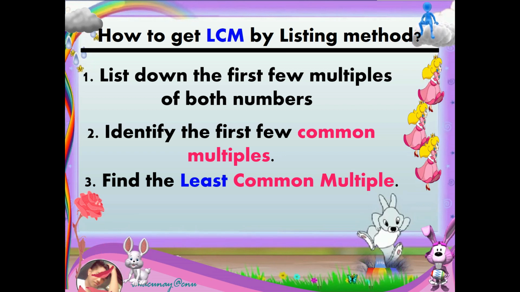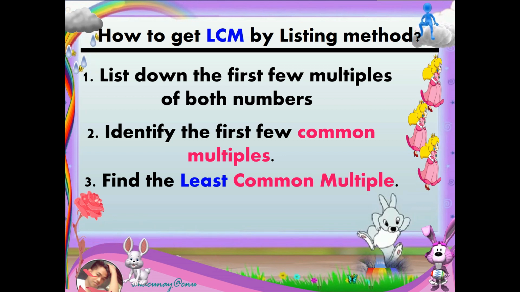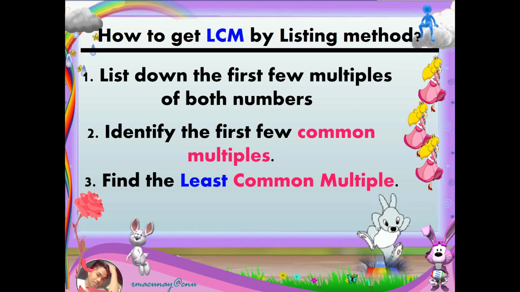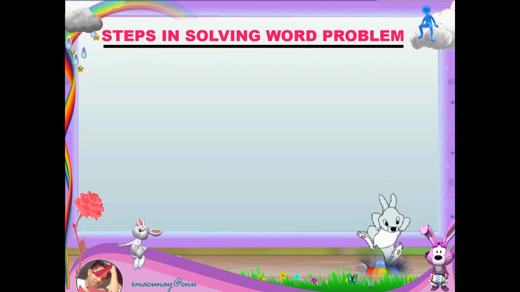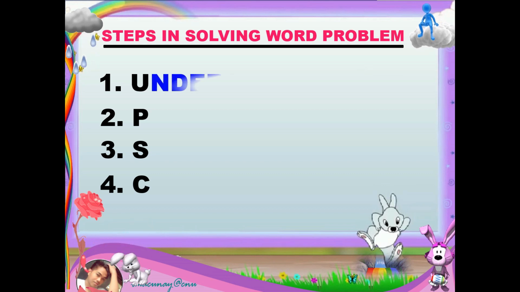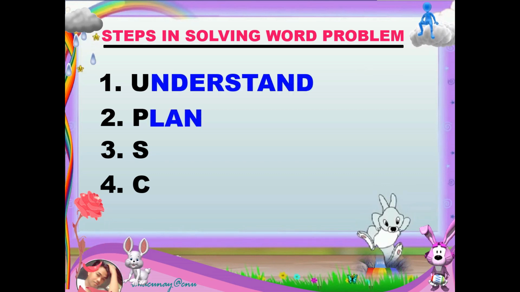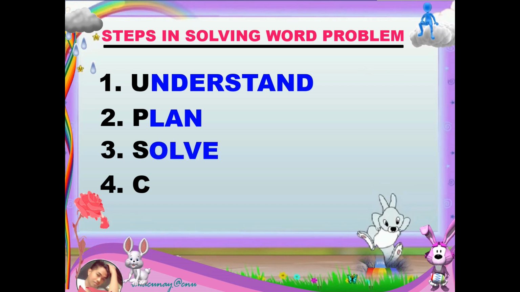We should not also forget that the accuracy of your answer depends on how systematic you are with answering the problem. When I say systematic, you need to follow the 4 steps or the UPSC steps, where U stands for understand, P stands for plan, S stands for solve, C stands for check and look back.